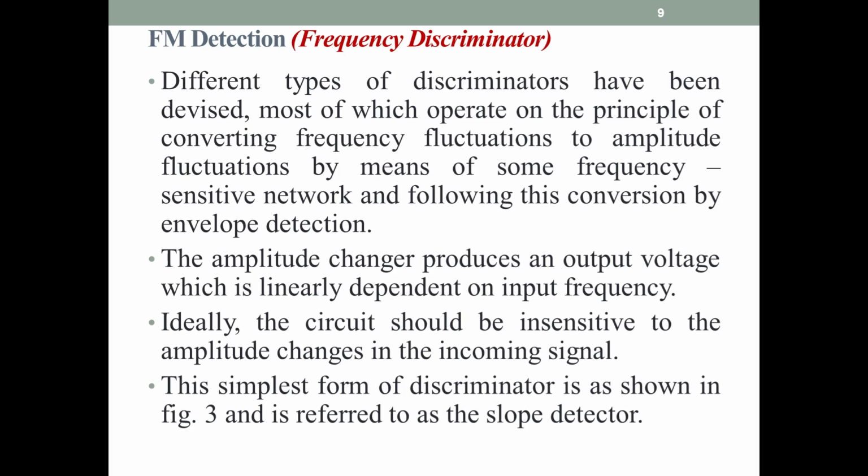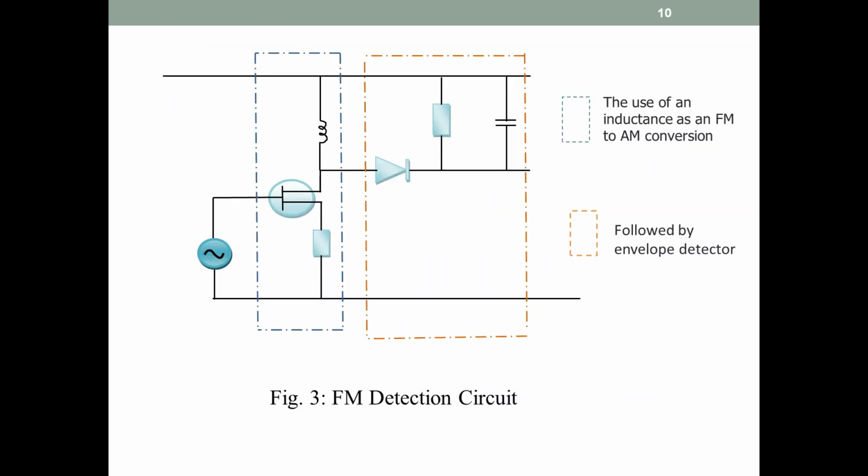The amplitude changer produces an output voltage which is linearly dependent on input frequency. Ideally, the circuit should be insensitive to the amplitude changes in the incoming signal. This simplest form of discriminator is as shown in Fig. 3 and is referred to as the slope detector.